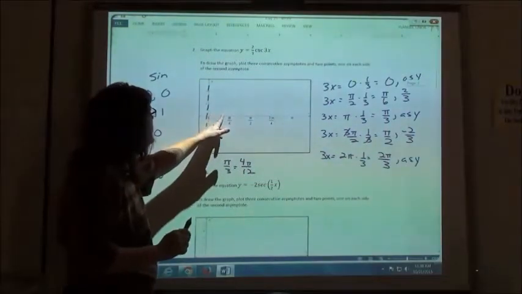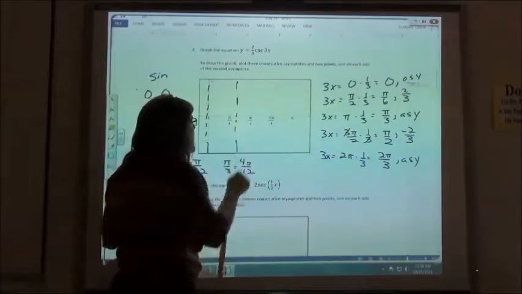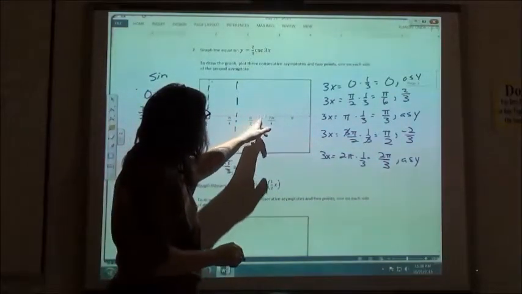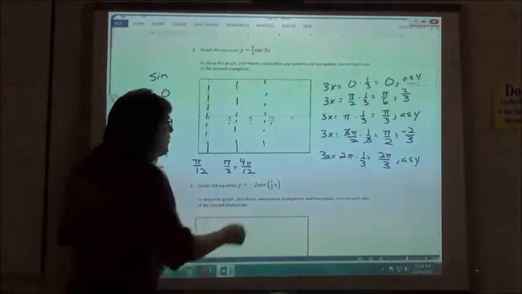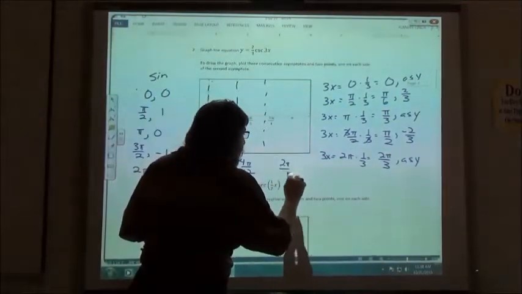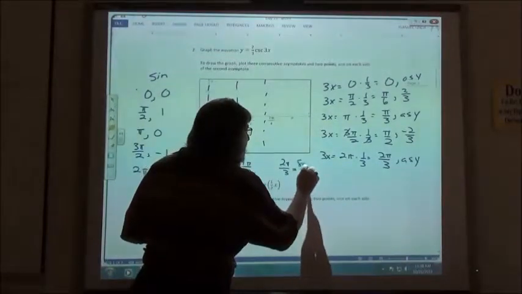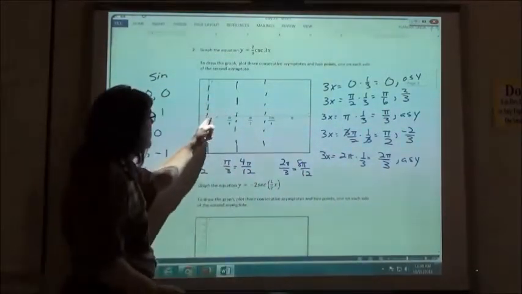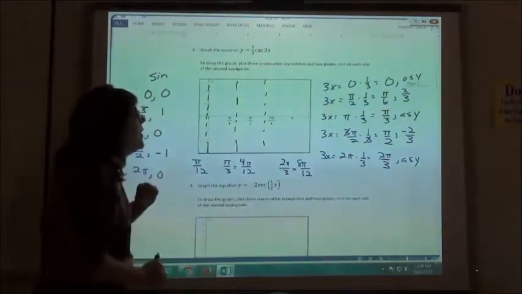So 1, 2, 3, 4 marks, that's where my next asymptote is. 2 pi over 3, if I put it over 12, 3 goes into 12 4 times, I'd have 8 pi over 12. 1, 2, 3, 4, 5, 6, 7, 8, right?